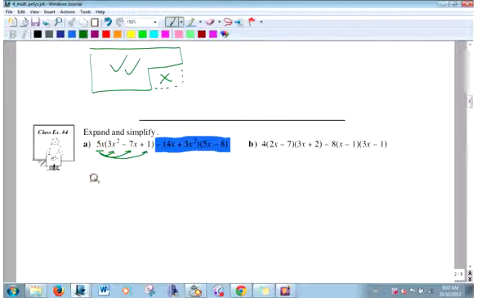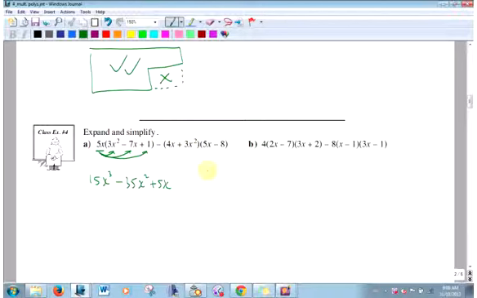So that's 15 x times x squared is x cubed, minus 5 times 7 is 35, x times x is x squared, 5x times 1 is 5x. Okay, the first one's done.